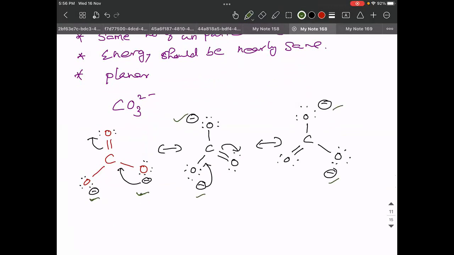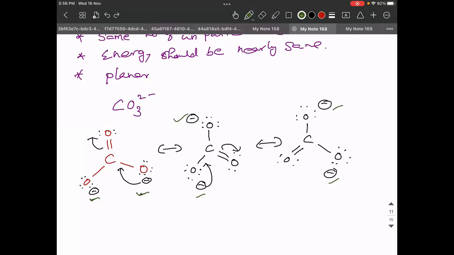You calculate the number of lone pairs of electrons for this structure, 8, 8, 8, everything is the same. So it should have the same plane. This is called resonance.